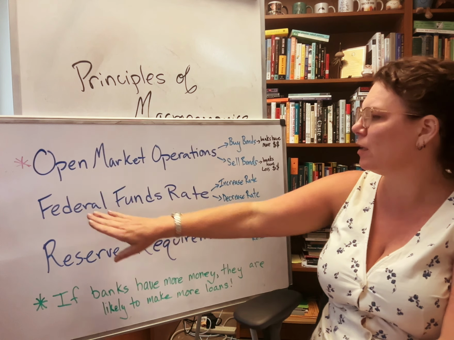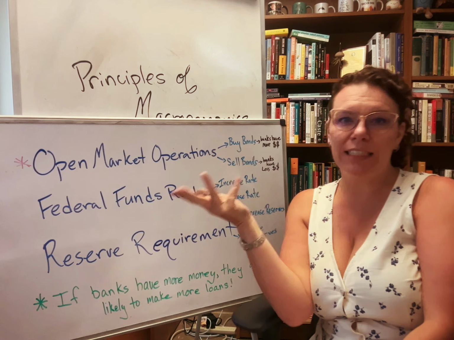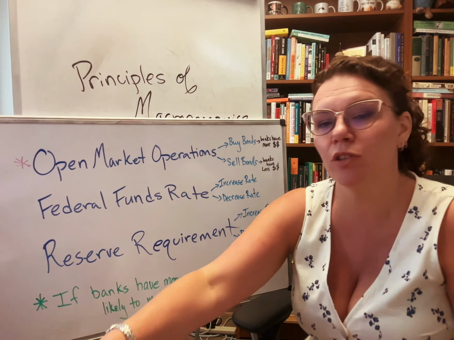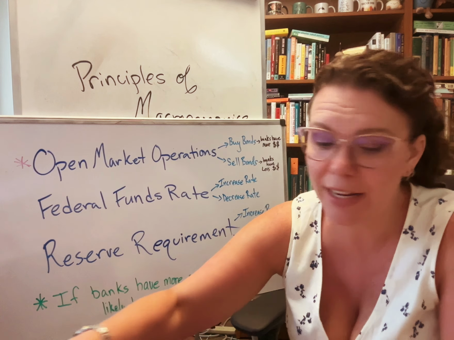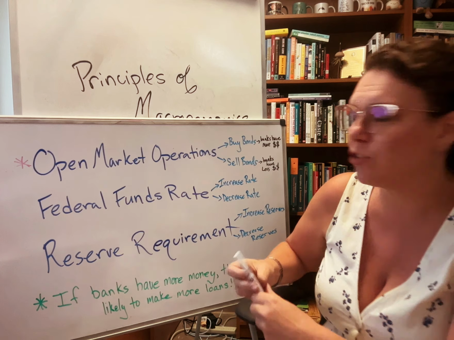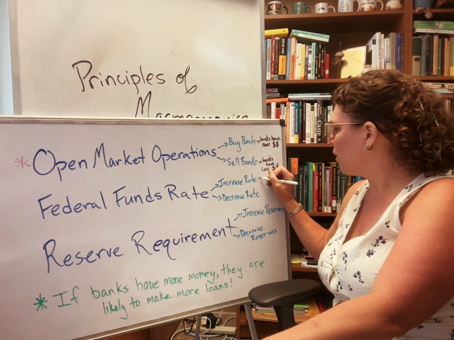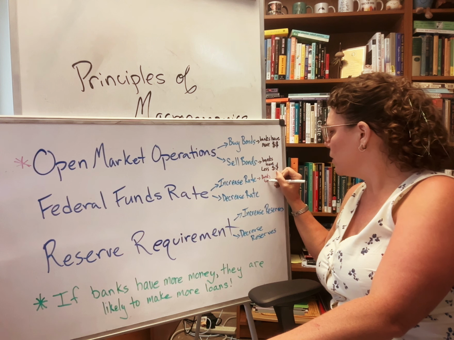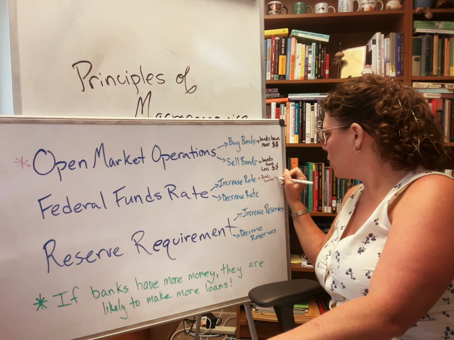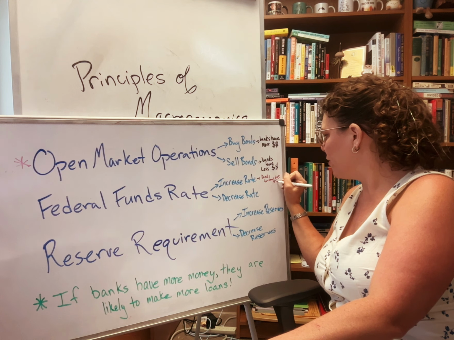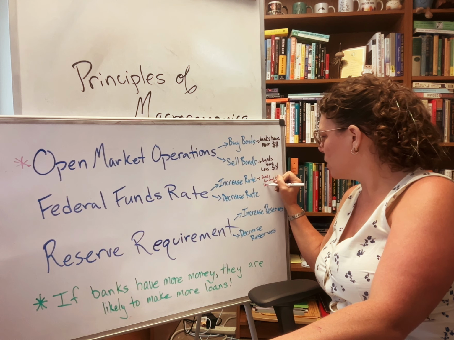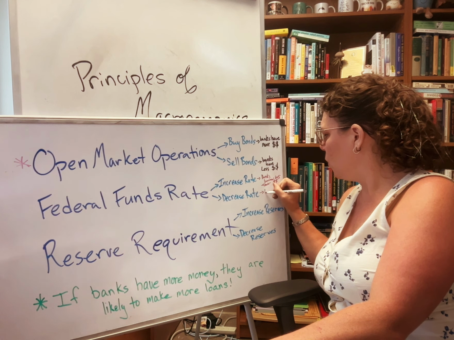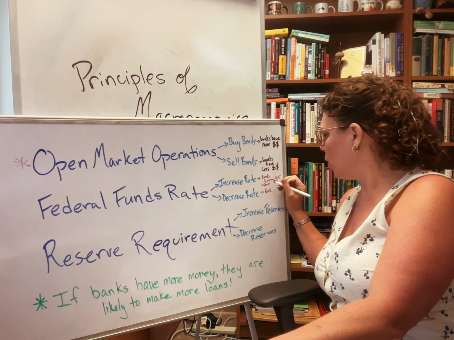We'll do some examples. Federal funds rate, similar. What we're looking at here is the rate that the Federal Reserve, or any central bank, is going to charge. When rates are high, banks borrow less. So they're going to have fewer dollars. When the interest rates are low, banks will have an easier time borrowing.